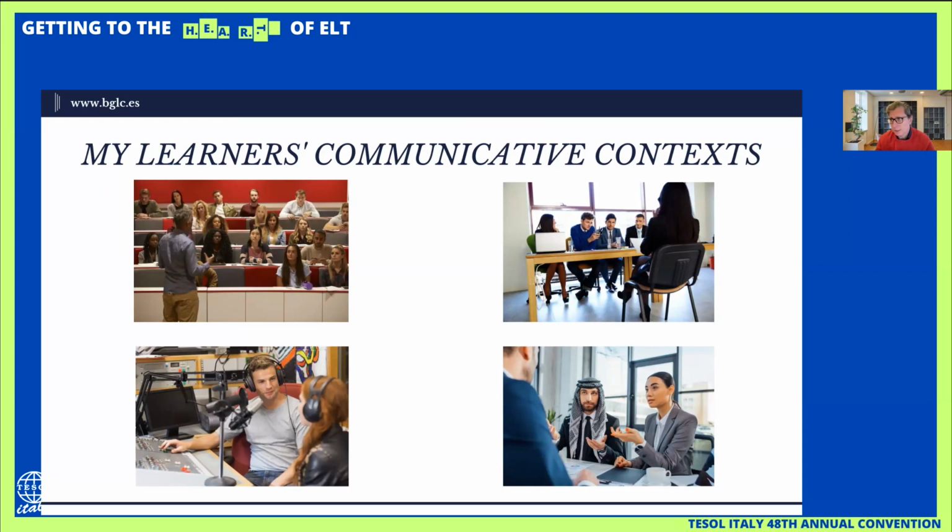Obviously, nowadays, international news and programs, they have to speak in English. And so they need some coaching for that rather than English classes, I would say. And also international business people who have to attend meetings in English with people from all over the world. And that presents its own challenges, as you can imagine. But again, I would emphasize, those are my learners, but what I'm going to show you today is applicable to any English learner.